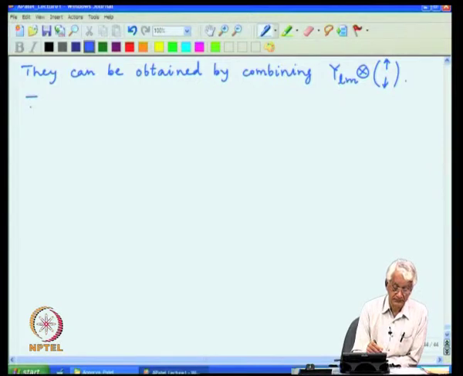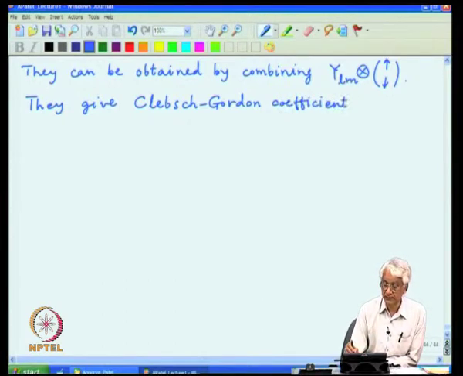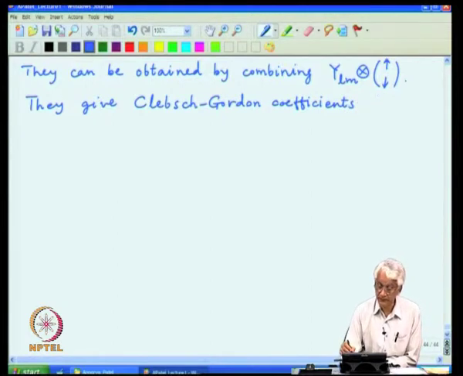and these results can be expressed in terms of the Clebsch-Gordon coefficients for j equal to addition of L and half.